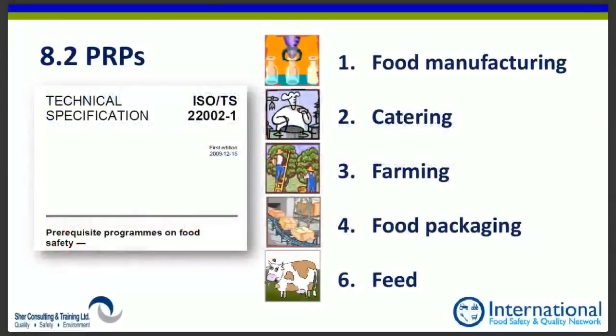The great thing I love about 22002 is that it's delivered to us in 5 different formats according to where we are in the food chain. So food manufacturing, catering, farming, food packaging, and feed: 1, 2, 3, 4, and 6. If anybody's wondering where 5 is, 5 has been suspended currently. It is intended for food transport and storage, and maybe it will make a comeback someday, but right now it's not published. And these are all published. These are all available in different languages.